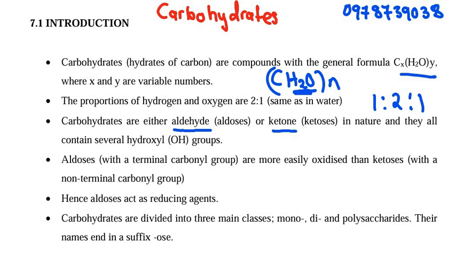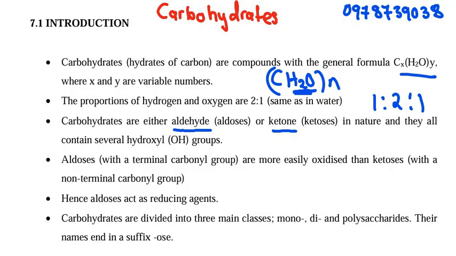And most, if not all, have a good number of hydroxyl groups, and you see the reason why. This to some extent makes carbohydrates soluble in water. And here we're saying aldoses or aldehydes with a terminal carbonyl group are more easily oxidized than ketoses with a non-terminal carbonyl group.